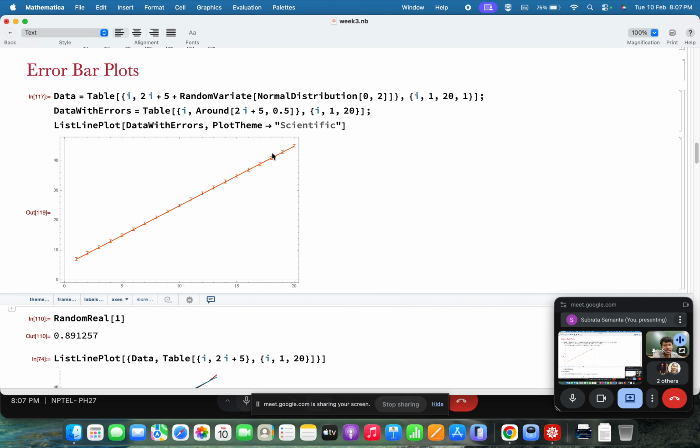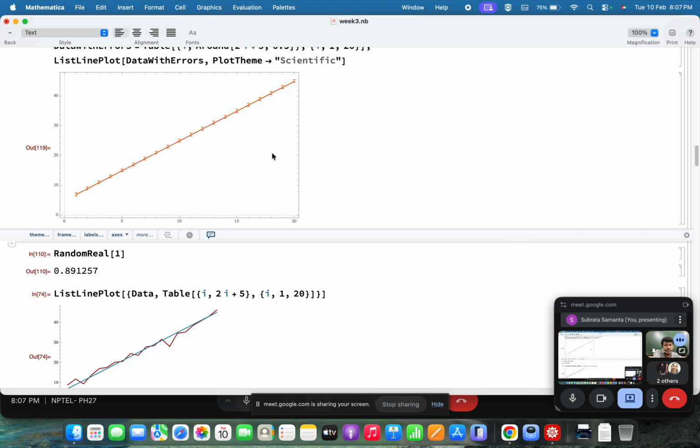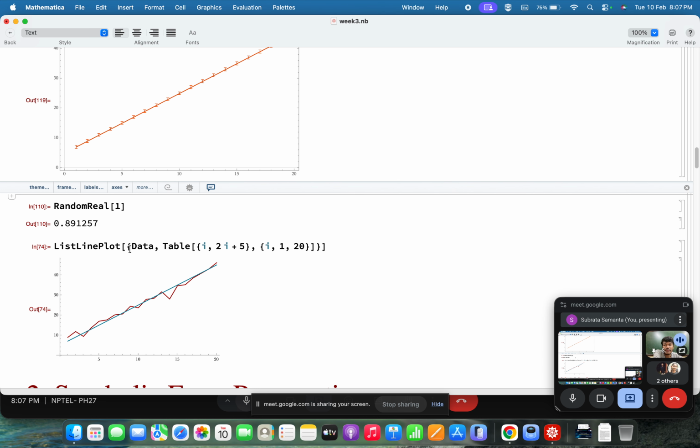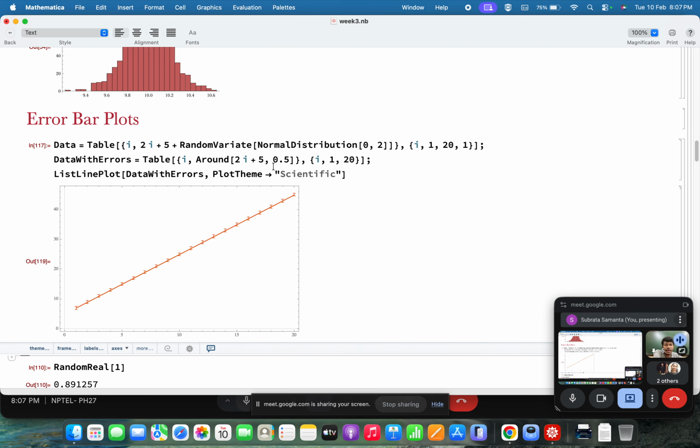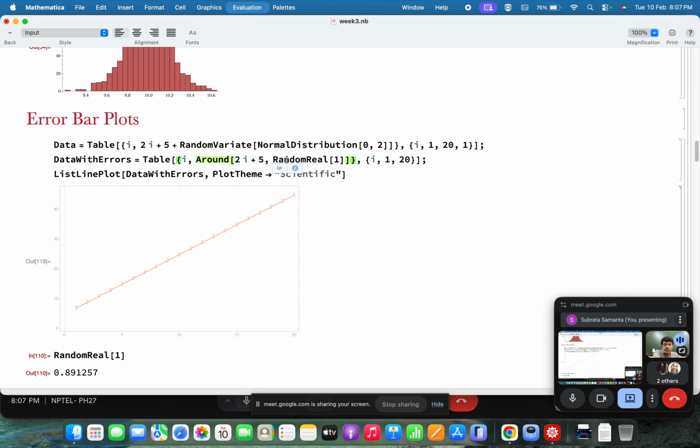If you plot along the straight line, each data point has 0.5. Previously I compared these things, but you cannot compare because both are random. When I assign some random real 1, the error is randomly assigned to each data point. So two randomnesses are there.